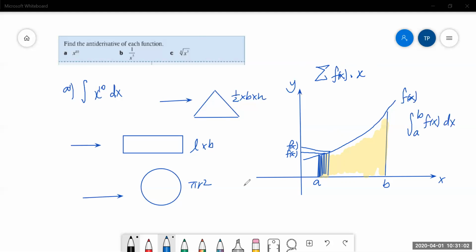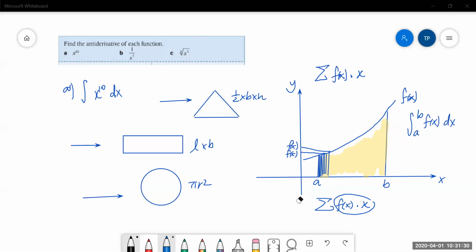But there is a restriction to it. The restriction is that they want the x to be very, very close to 0.